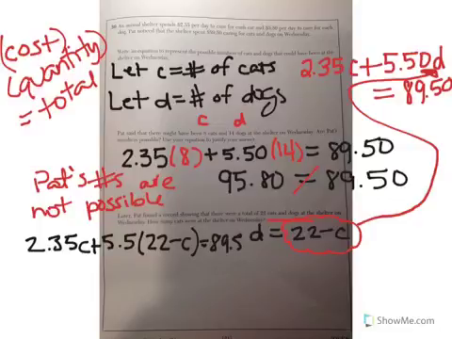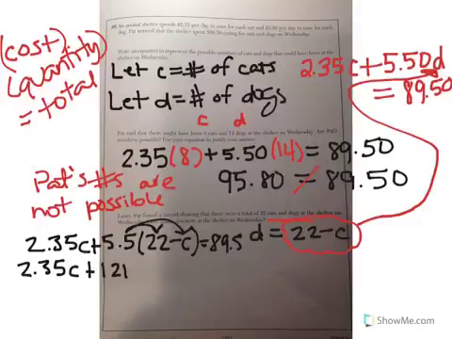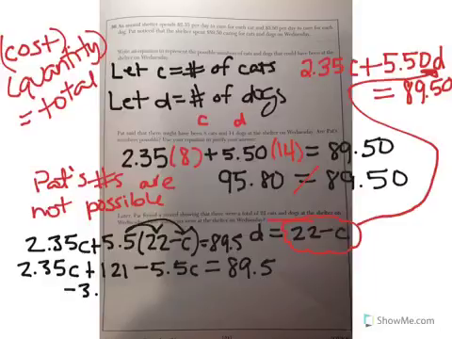Okay, so now we're going to have 2.35C plus, now we have to distribute, and we'll end up with 121 minus 5.5C equals 89.5. And we can combine like terms, and when we combine like terms, we'll have negative 3.15C plus 121 equals 89.5.